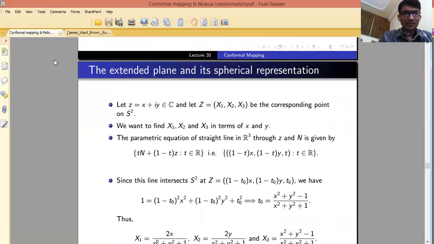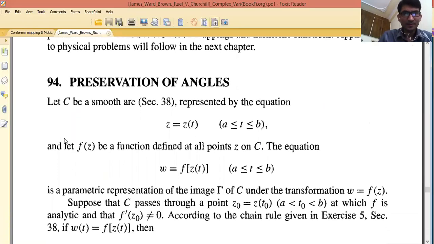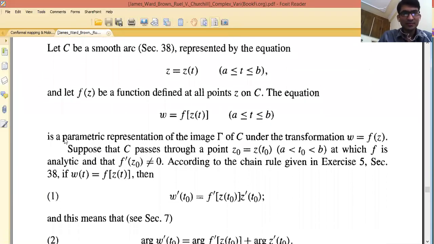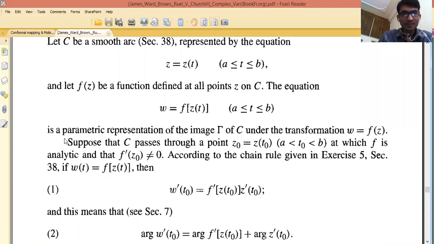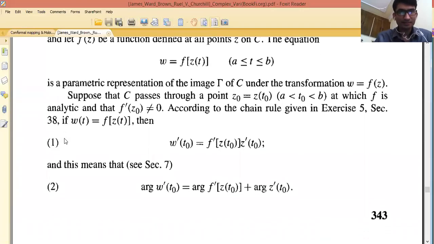Now we come to the book, Preservation of Angle. Let C be a smooth curve represented by the equation z equals z(t), and let f(z) be a function defined at all points z on C. The equation w equals f of z(t) is a parametric representation of the image of C under the transformation w equals f of z.